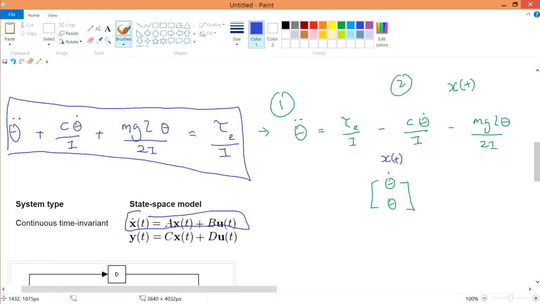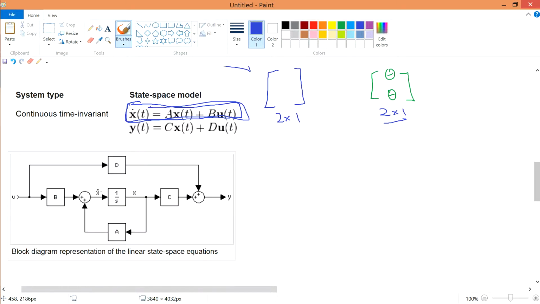The size of the matrix x(t), if it's 2 times 1, will determine the end result to be 2 times 1 also. In other words, x dot t has to be a 2 times 1 matrix. If it's 3 times 1, then this must be 3 times 1. This only applies for this case.